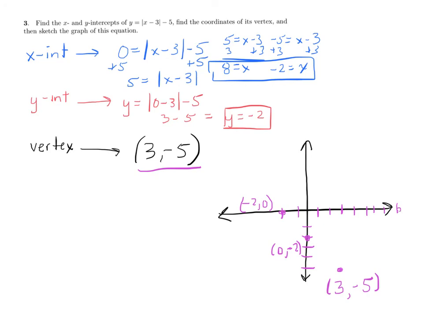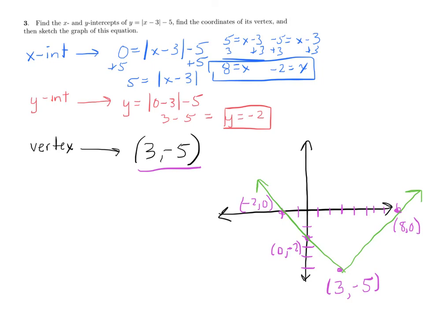And if it goes off the graph like mine did, that's fine. Now you know it's a V shape, and this is the vertex at the bottom here. That's our vertex. So all I have to do is just start at the vertex. That's not pretty. Something like that. And there's your graph. There's your sketch.